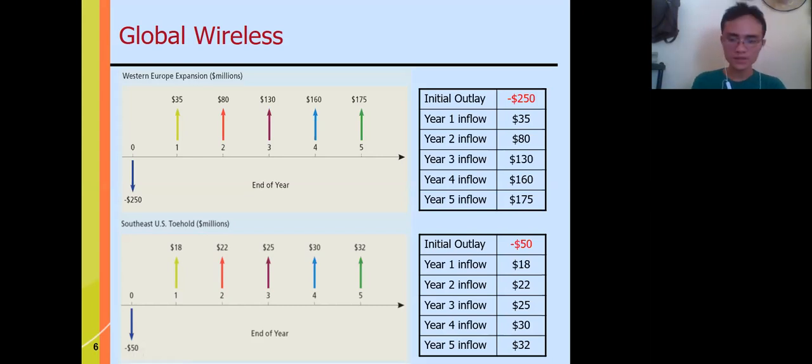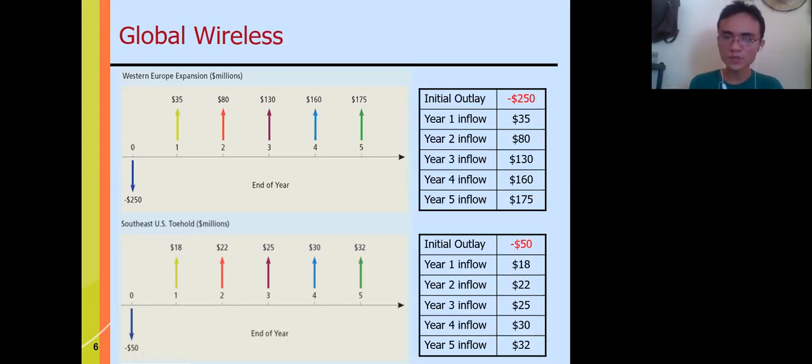So how do we translate that into computation? For year one, that's $35, right? So that is still below 250. So we count that as 1 year. Meaning for every inflow where the total is still below the total amount of investment, we are going to continue our analysis.